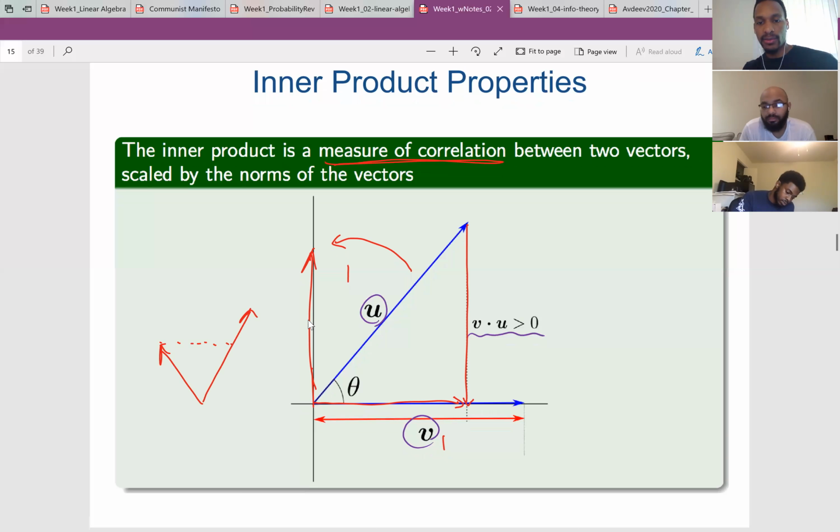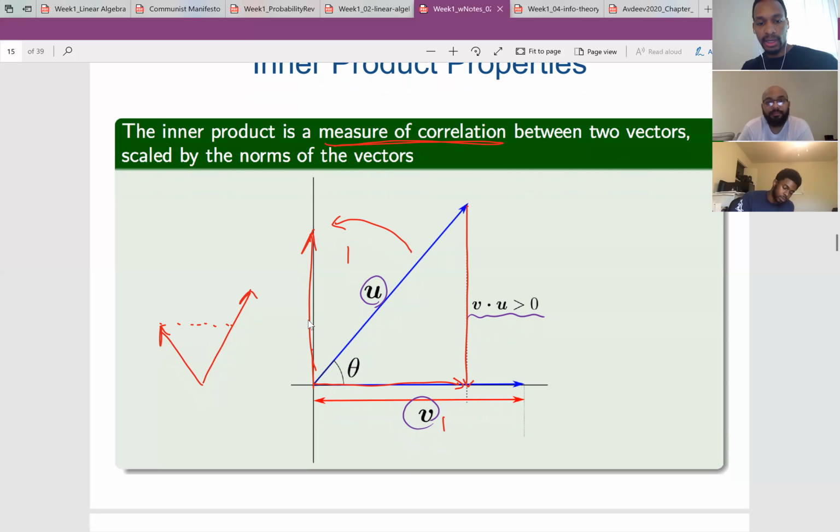So in this case, u dot v is greater than 0. If you think of both of them having norm 1, it's 1 when they're right on top of each other, and it's always less than 1 until you get to the 90-degree point.